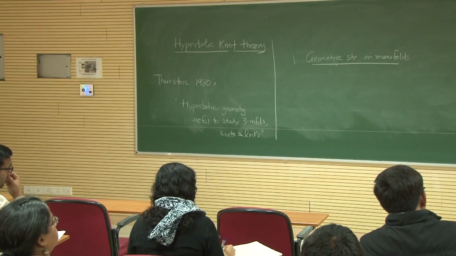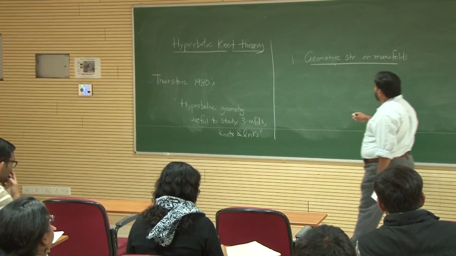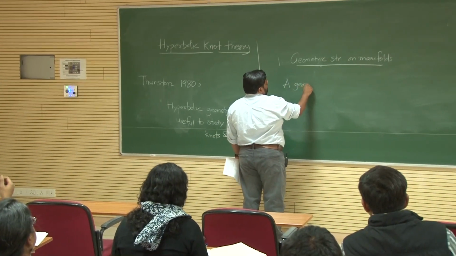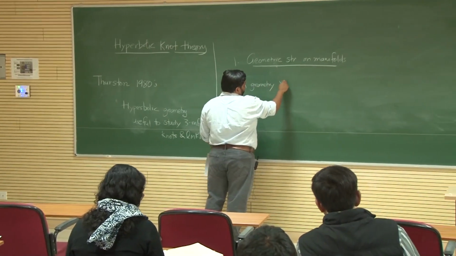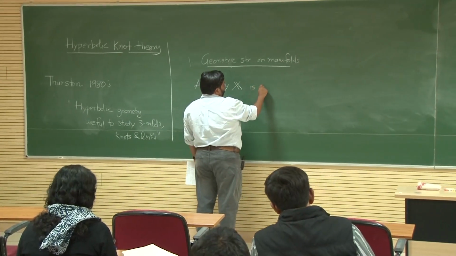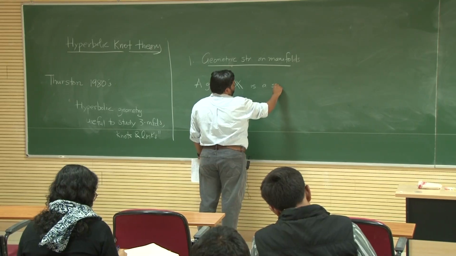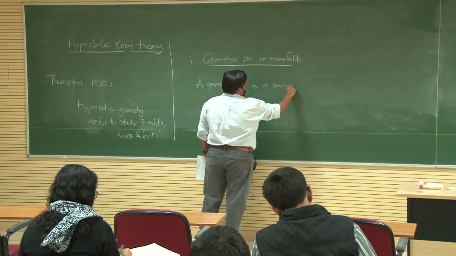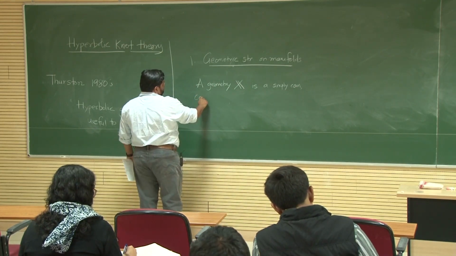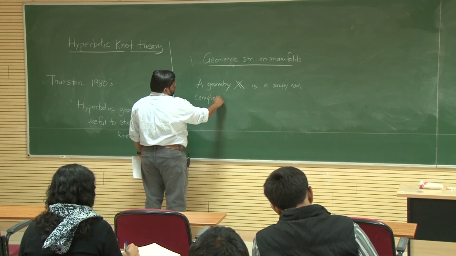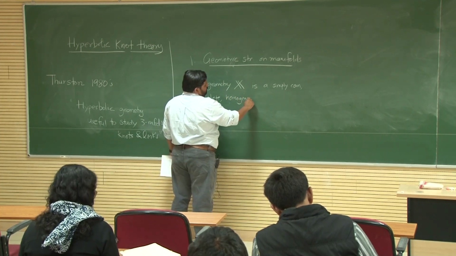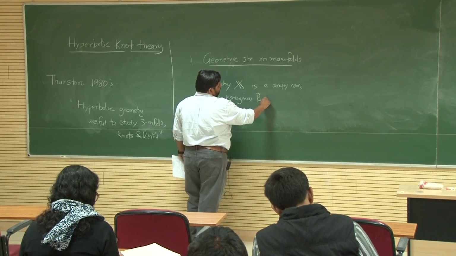A geometry X is a simply connected, complete, homogeneous Riemannian manifold.